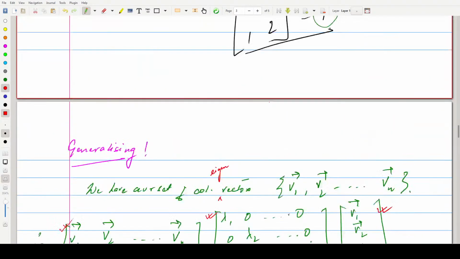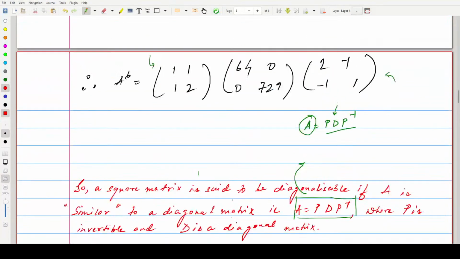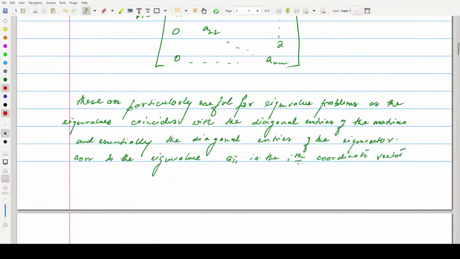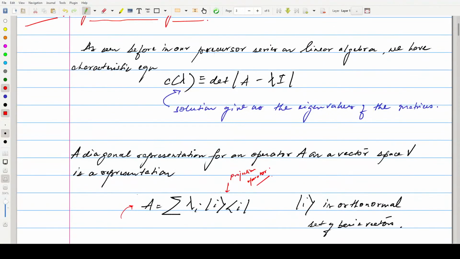So what does this mean? Our entire backstory and crash course in diagonalization has led us to this point, right?